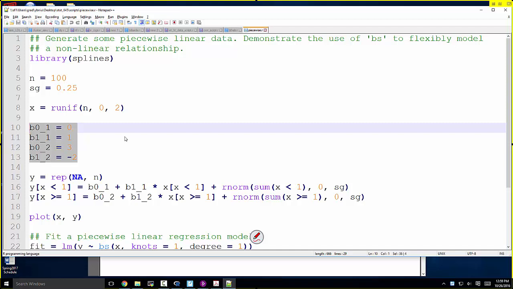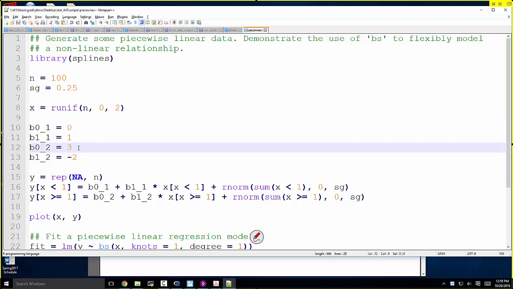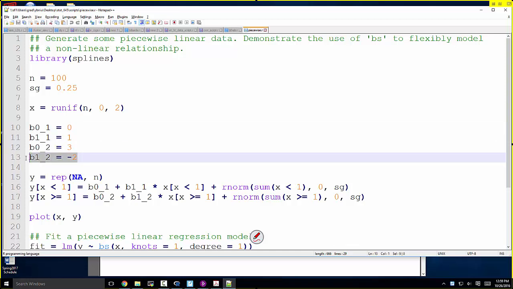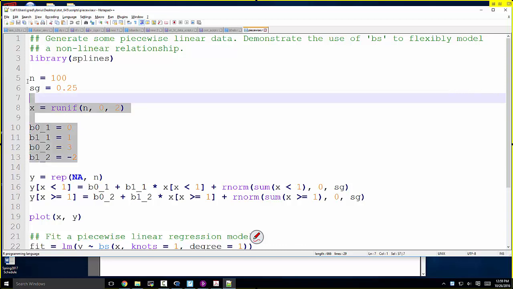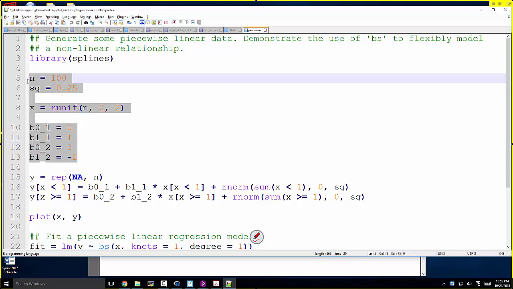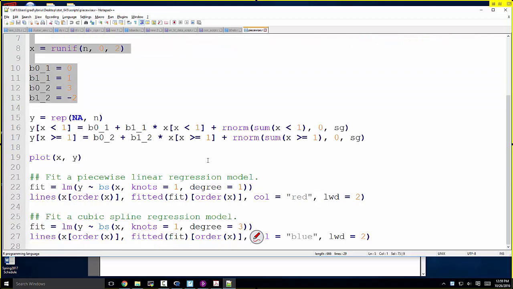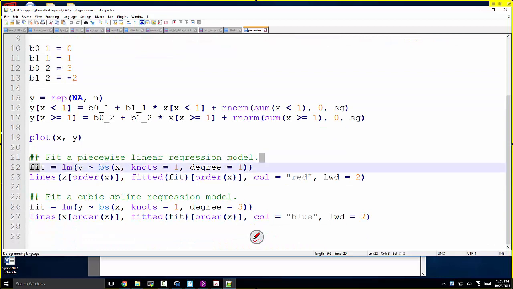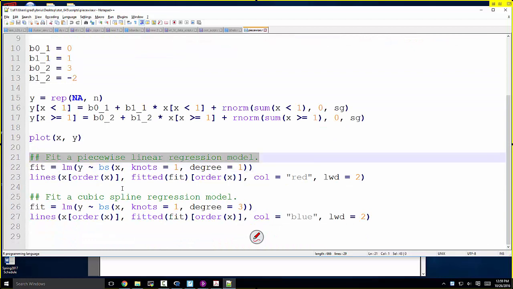Let's say that before time 1, the pattern is intercept 0, slope 1. And after time 1, the intercept is 3 with a slope of -2. In practice, you don't know these things. We're playing pretend. We're doing a simulation. So we're going to create some data like this, and then we're going to see how to fit a model to data like this.